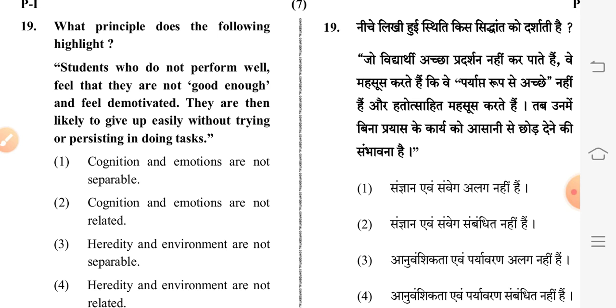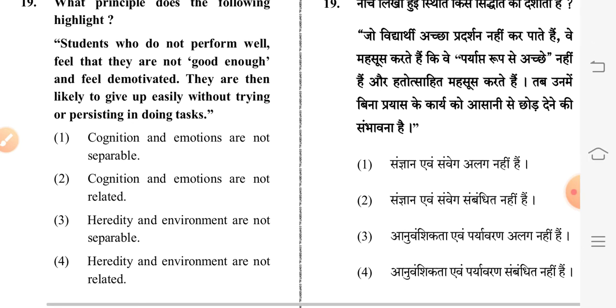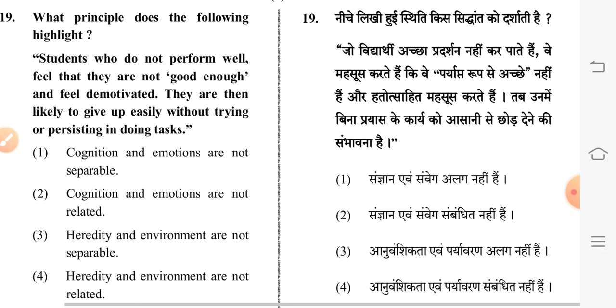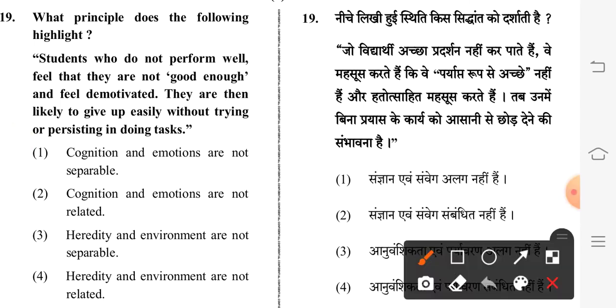Students who do not perform well feel that they are not good enough and feel demotivated. They are then likely to give up easily without trying or persisting in doing tasks. Which option is correct? First option is correct, cognition and emotions are not separable.